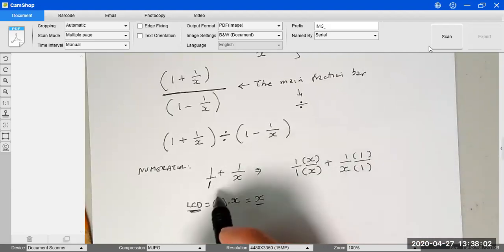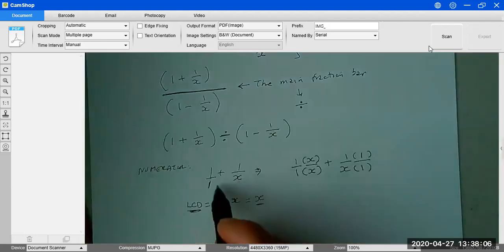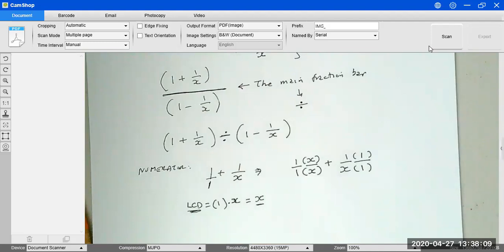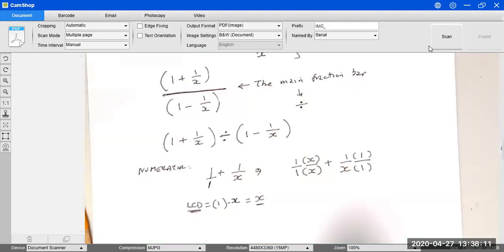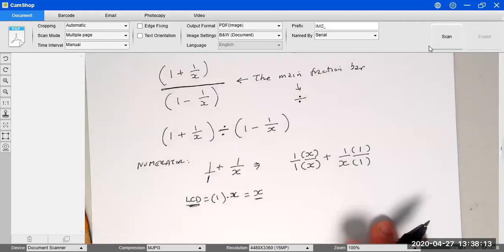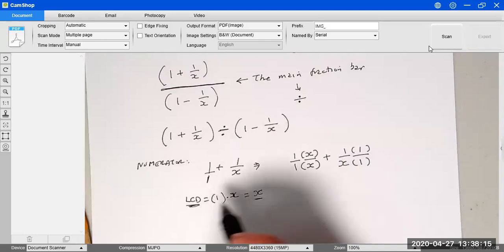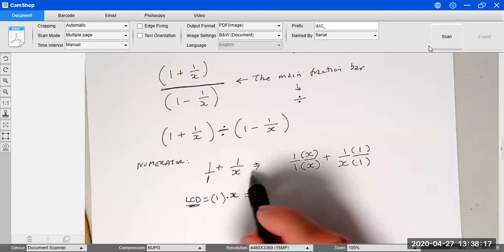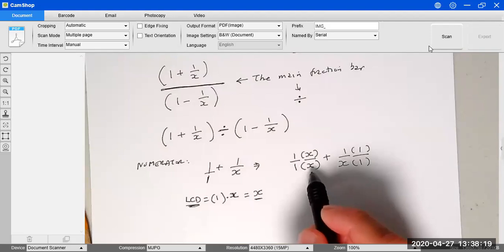That's the reason we look for the least common denominator, because our denominators were different. When the denominators are different, we need to look for a least common denominator. Once you get it, you need to convert the fractions to other fractions that contain the least common denominator as their denominators.